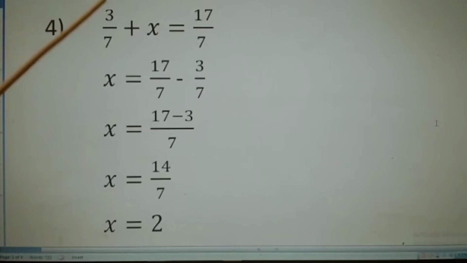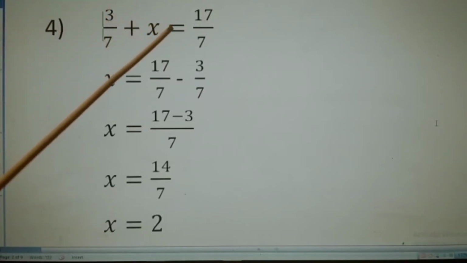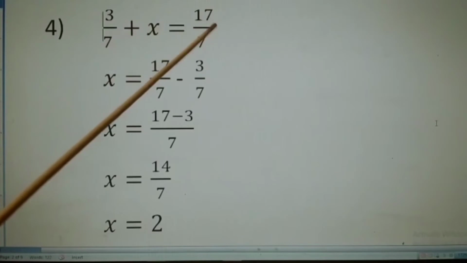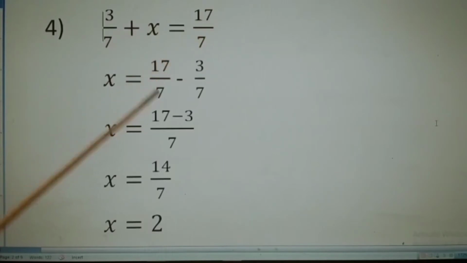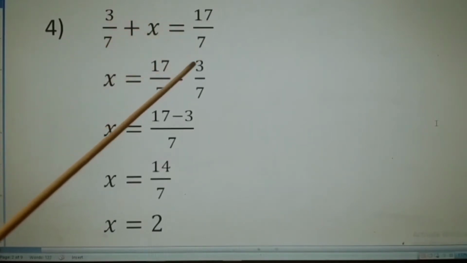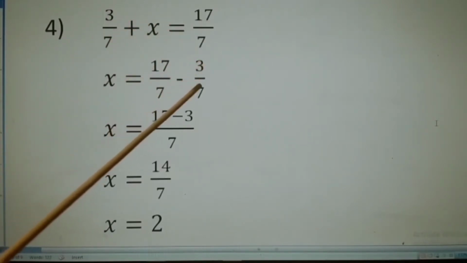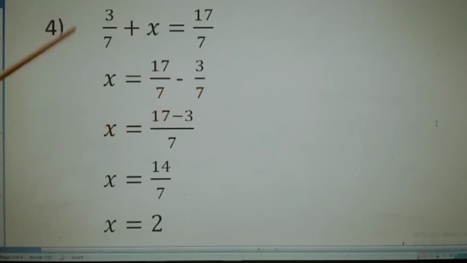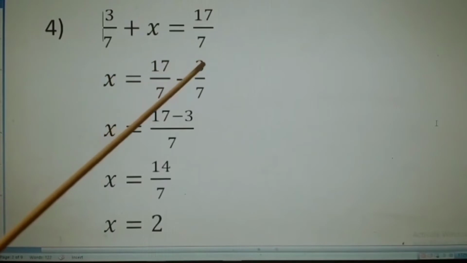Fourth question is 3 by 7 plus x is equal to 17 by 7. Here we have to find the value of x. X is equal to, take 17 by 7 here. This is plus 3 by 7. It will become minus 3 by 7 on the right side of the equal sign. That is x is equal to 17 by 7 minus 3 by 7.